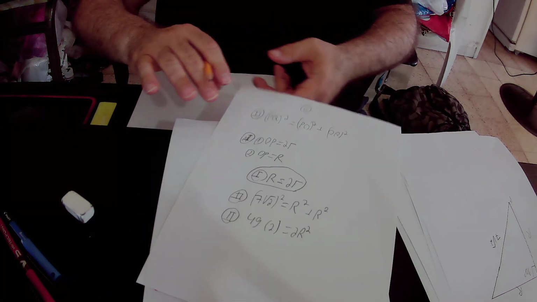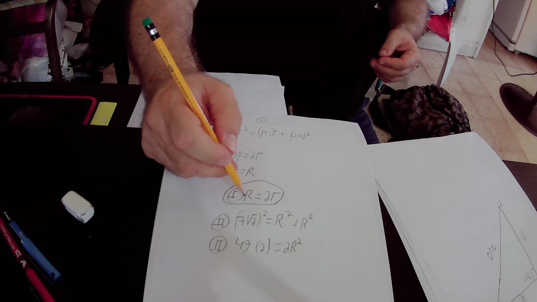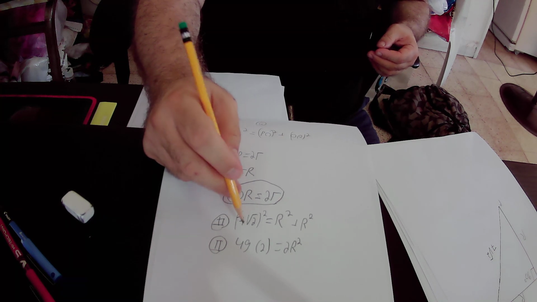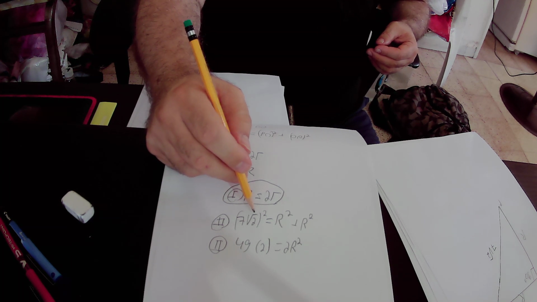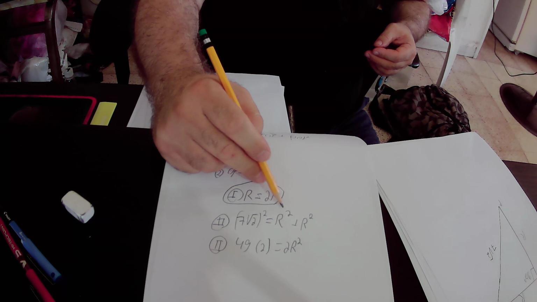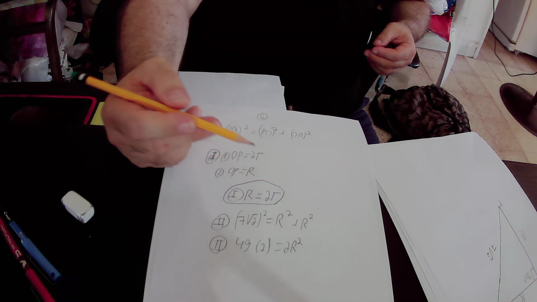I will repeat again. 7 times root 2 squared is actually 7 square, that is 49, times root 2 squared, which is 2, and R square plus R square equals 2 times R square.